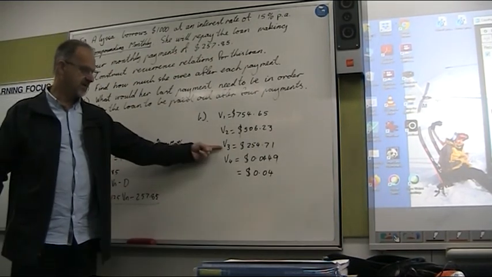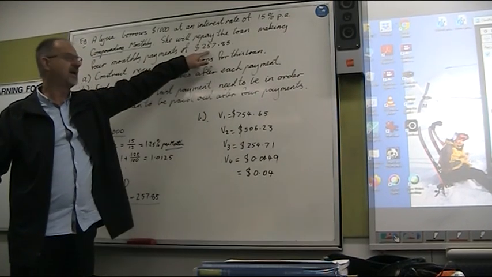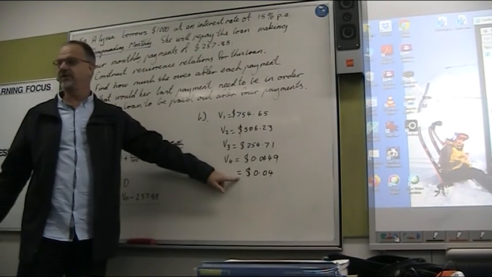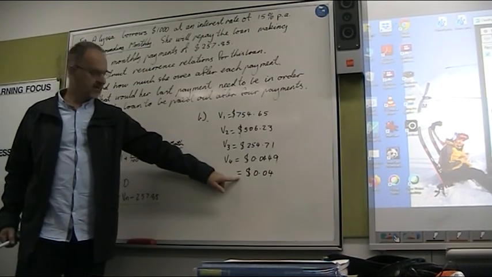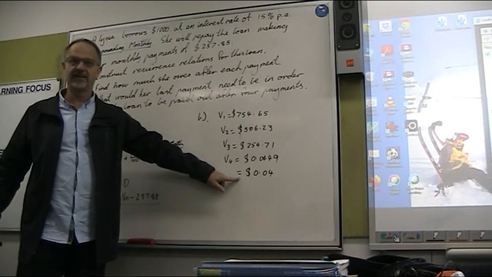All right, so when she goes from the third month to the fourth month, she's paying off $257.85, but that still leaves her with 4 cents to pay. Pretty silly to leave 4 cents sitting around for another month.